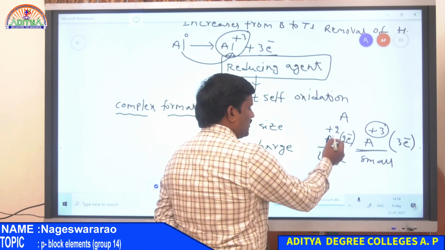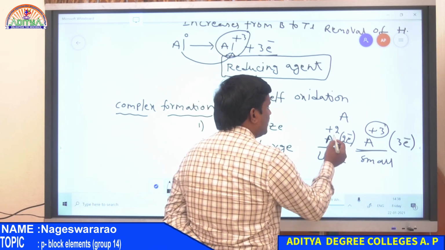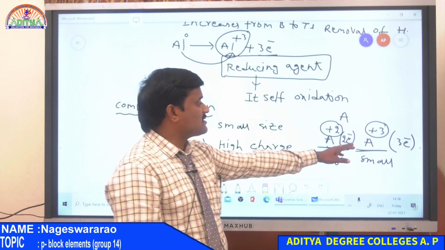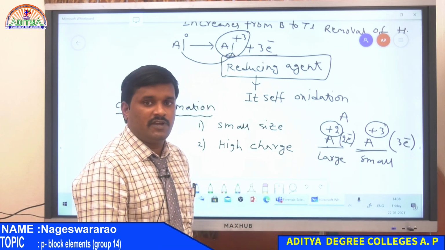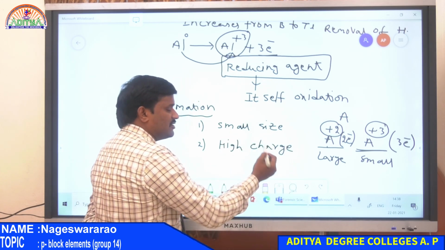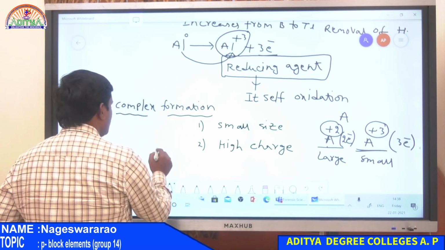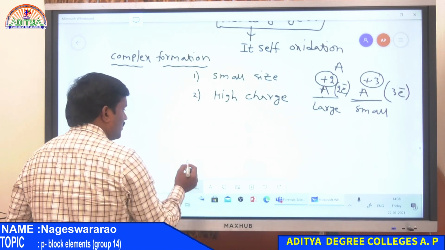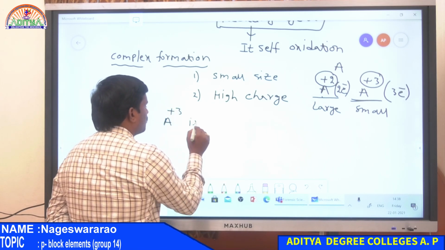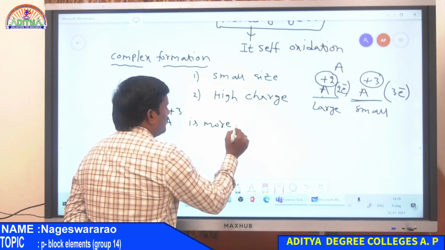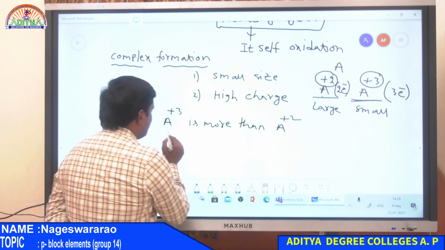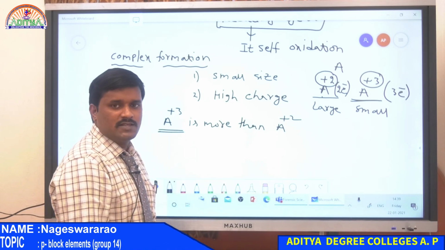Whereas A plus 2 has a large size and also a small charge. Therefore, A plus 3 forms complexes very easily because it has small size as well as high charge. Therefore, complex formation of A plus 3 is more than A plus 2. So, A plus 3 forms complexes easily.